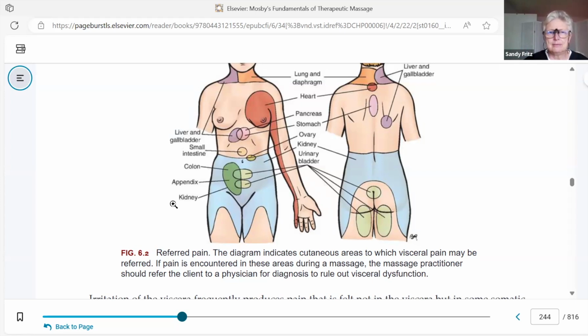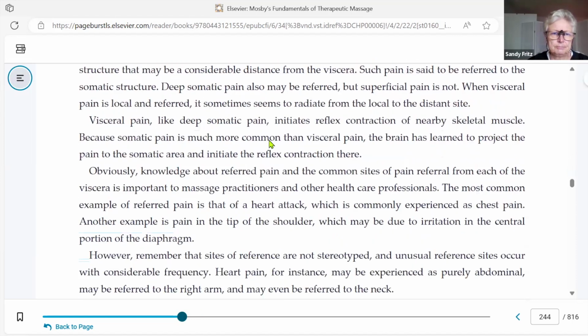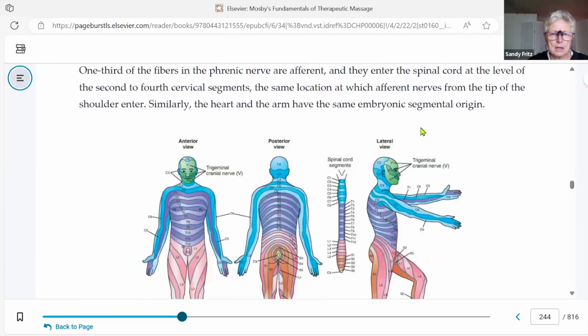When it is more of a visceral referred pain, especially if it's acute, you can't find your way away from it like you can if it's a sore muscle. So that's one way to differentiate. But if you're ever not sure, then you need to refer to make sure that this isn't what the person is experiencing.